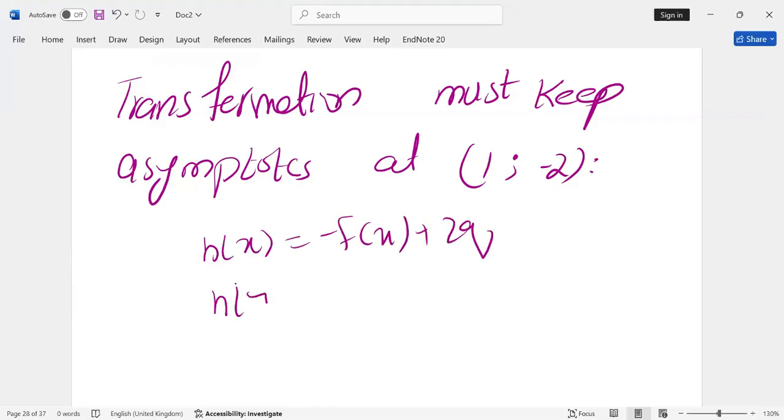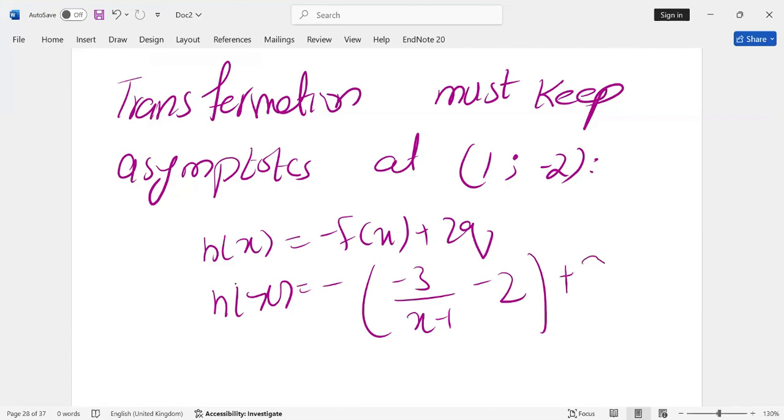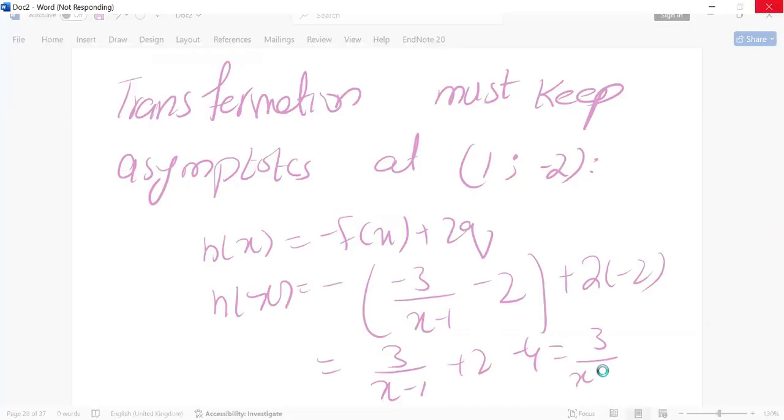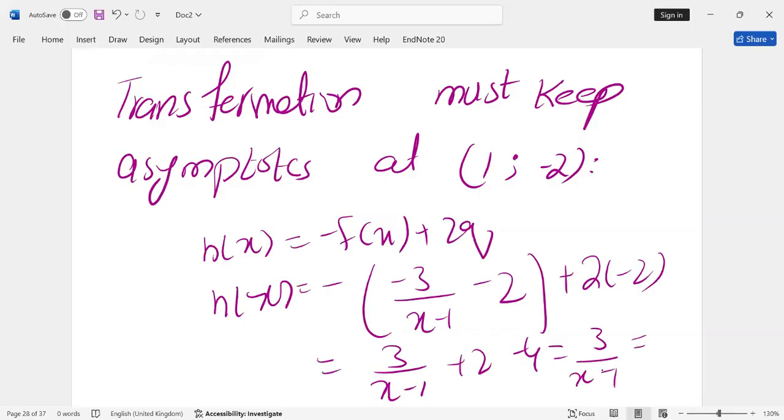So we say that h of x equals to minus into (minus 3 by x minus 1 minus 2) plus 2 into minus 2, and this is equals to 3 by x minus 1 plus 2 minus 4, and this is equals to 3 by x minus 1 minus 2.